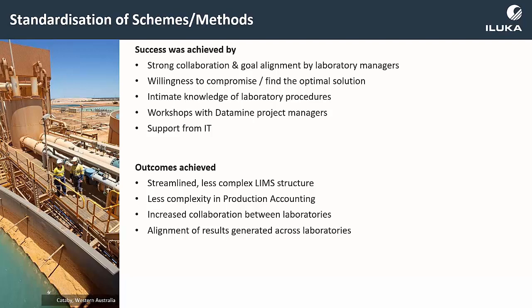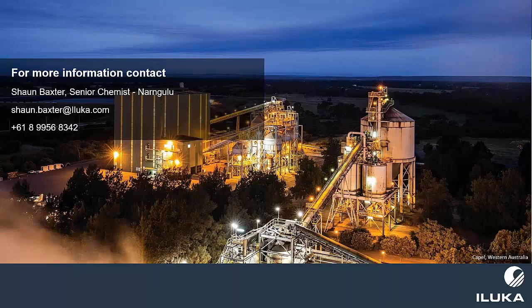So the same results from different laboratories meaning the same thing. And it also improved our collaboration. I think our laboratories work a lot closer now than what they historically did. So yeah, I think that's it.